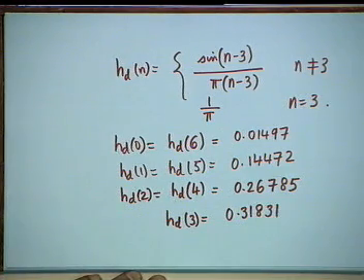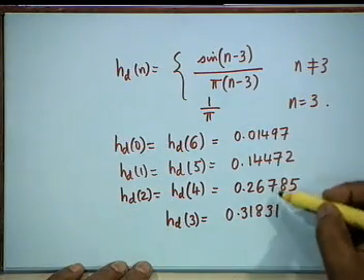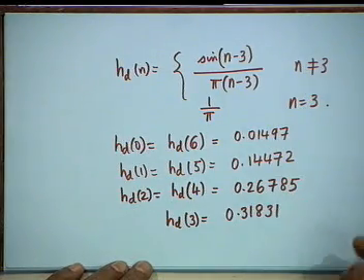Now if you use rectangular window, then w[n] is equal to 1, and therefore these themselves determine the frequency response.